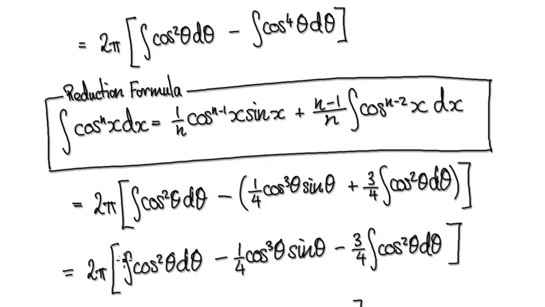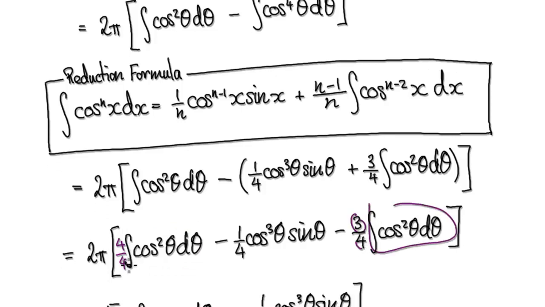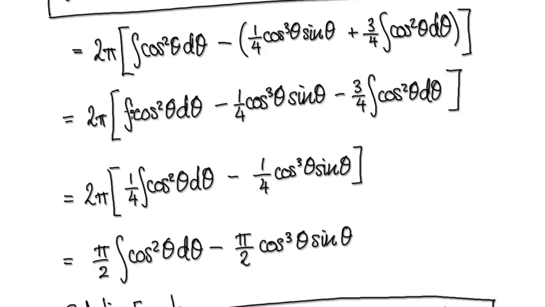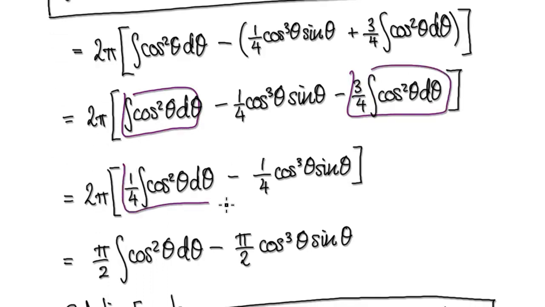So it's like 4 over 4 take away 3 over 4 of the exact same thing. That will give you 1 over 4 of that exact same thing. So this take away this will then give you this, and then this stays the same.